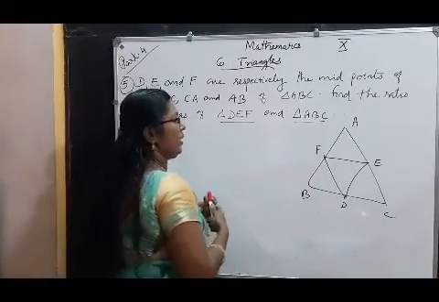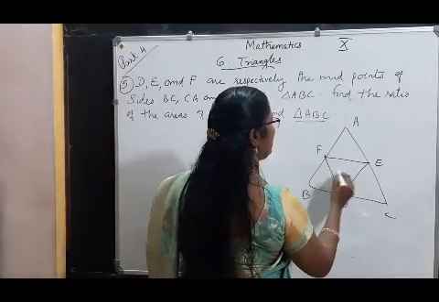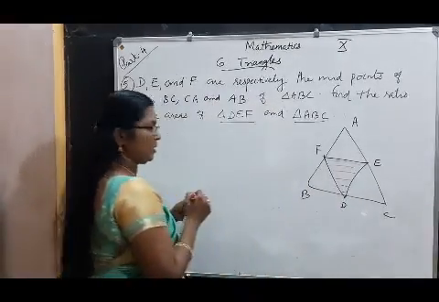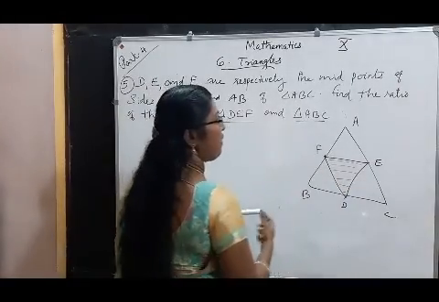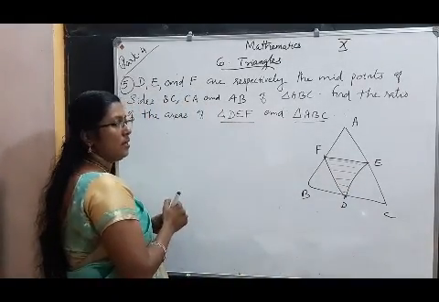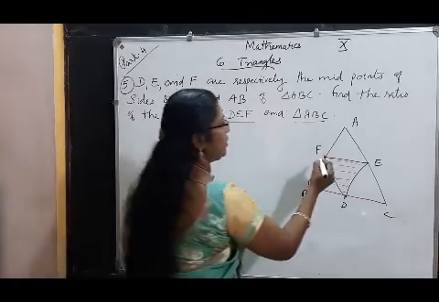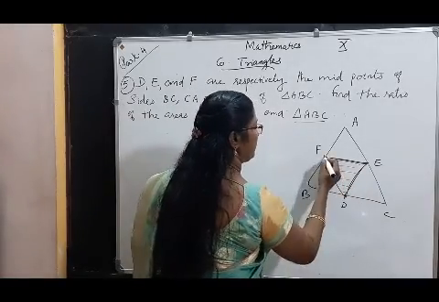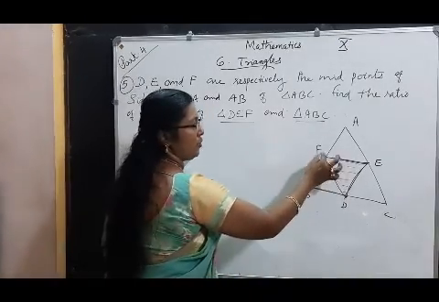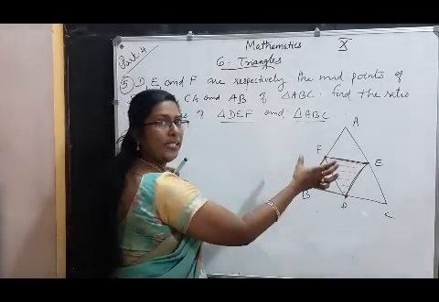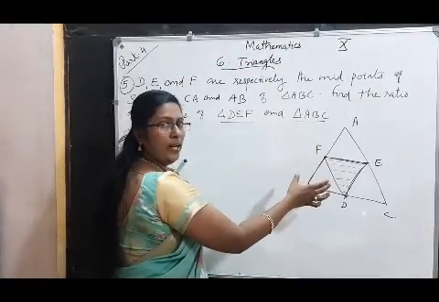Here DEF and ABC. Okay. Here D, E, F are the midpoints. What about this figure? We joined the midpoints of any two sides of a triangle.